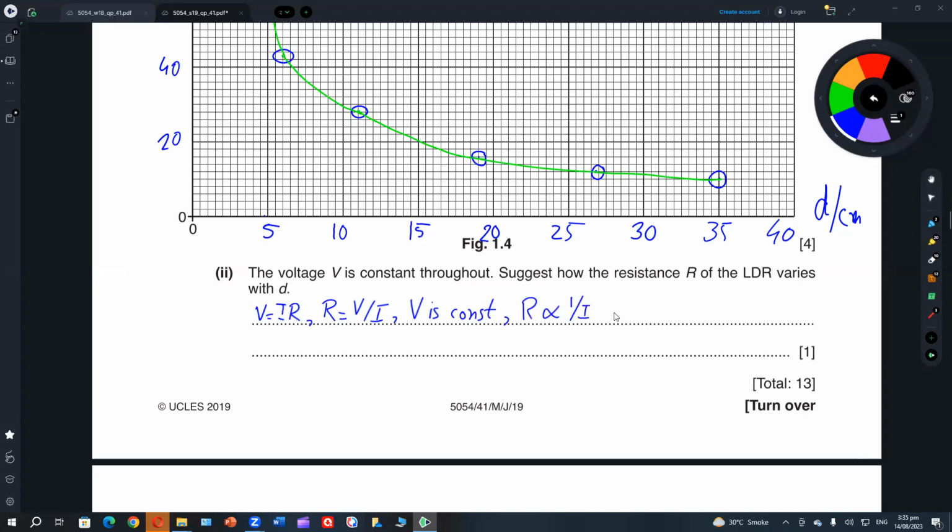First, you will explain to the examiner that R and I are inversely proportional.